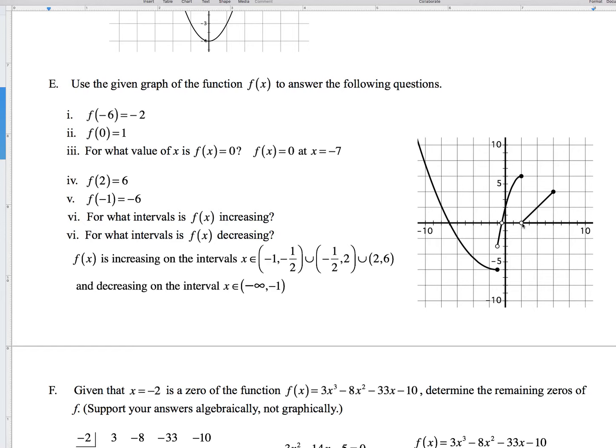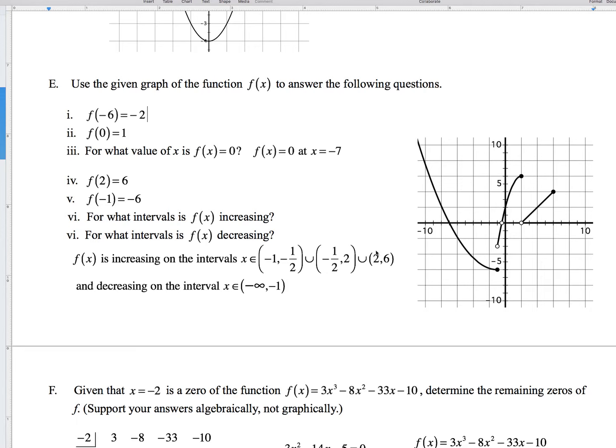And finally, from x is 2 to 2, 4, 6 to x is 6, the function is increasing again. And because it's not actually increasing here, it's neither increasing nor decreasing, these are also open intervals.